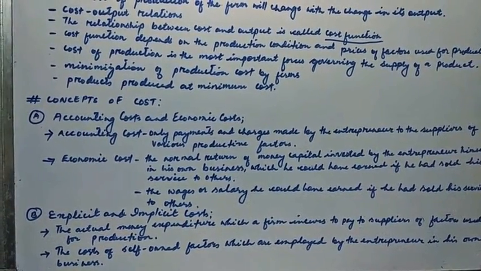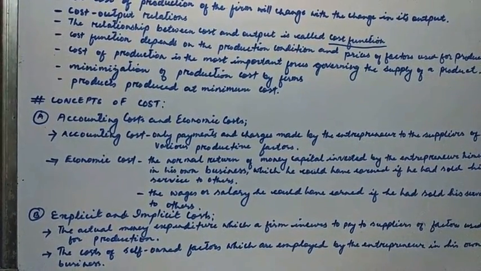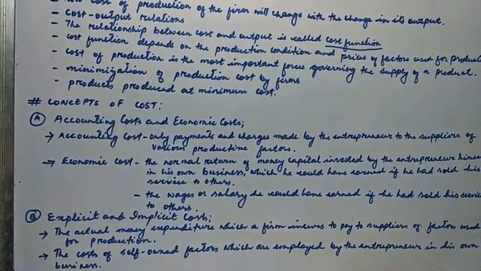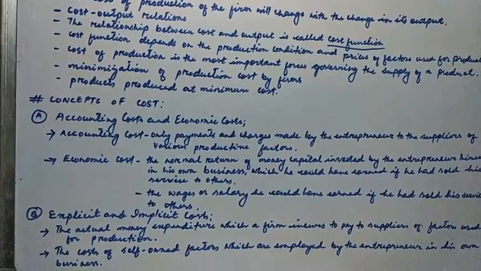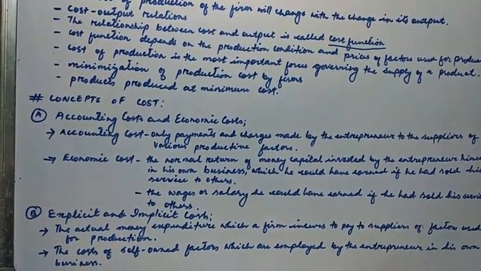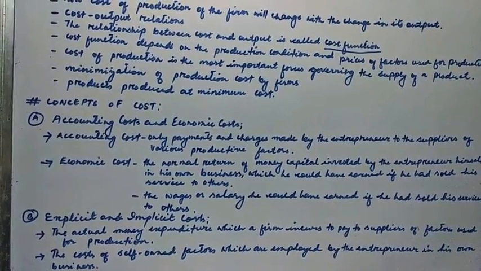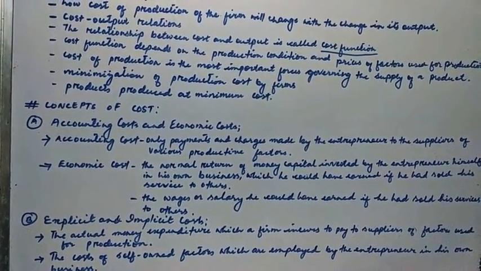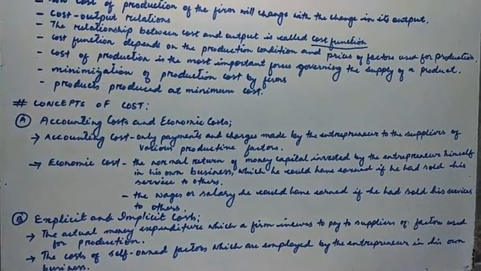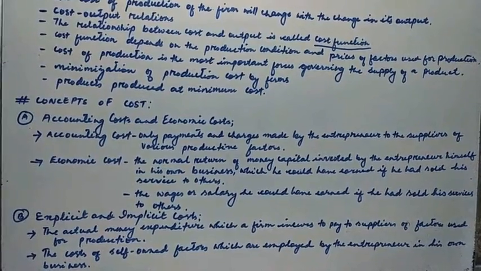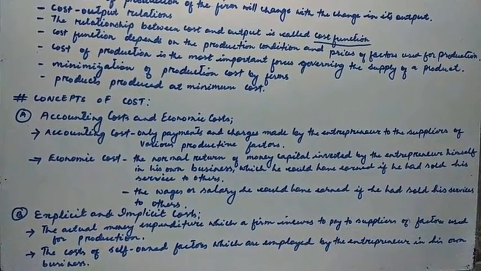He pays wages to the laborers, prices for the raw materials, fuel and power used, rent for the building he hires for production work, and the rate of interest on the money borrowed for doing business. All these are various payments an entrepreneur has to make when he undertakes production activity.